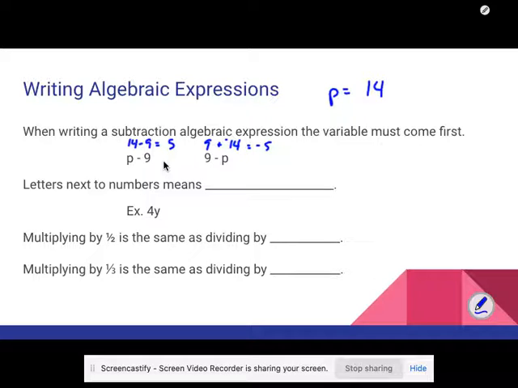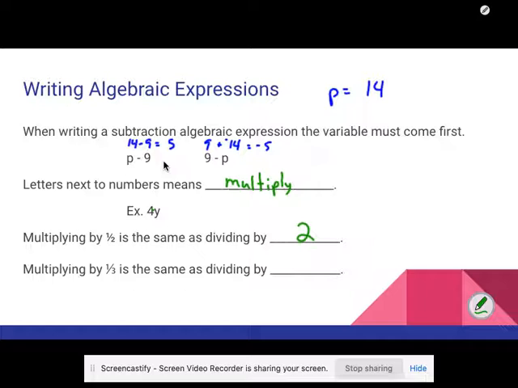Letters next to numbers means multiply. So like in my example here, I have 4y. That's really saying 4 times y. Multiplying by 1/2 is the same as dividing by 2. That can be super helpful in a lot of different ways, writing expressions and just in your real world situations.